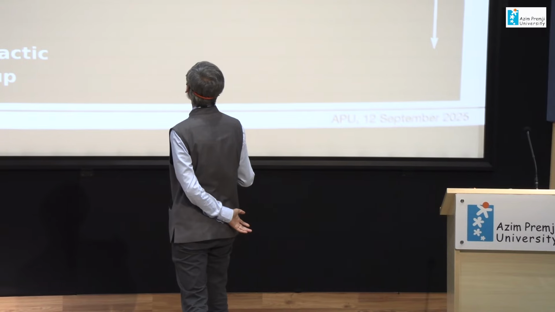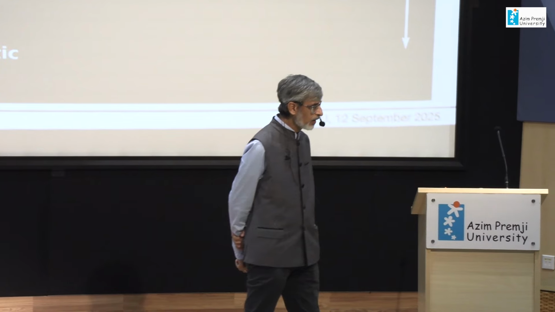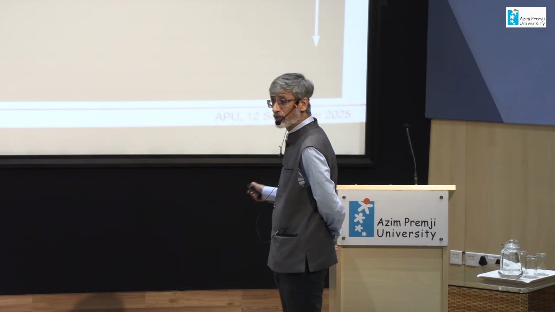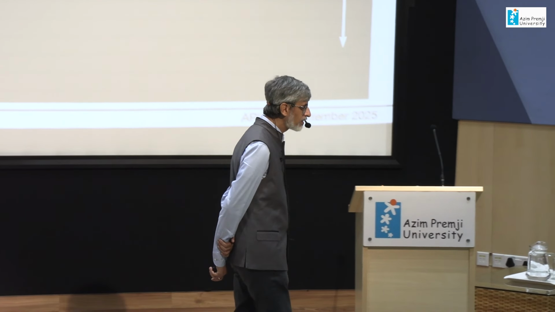Now, if you take an orbit like this one, in this picture it looks like a closed elliptical orbit that is going around. But if you look at it in detail, you would notice that this orbit is not actually closed.